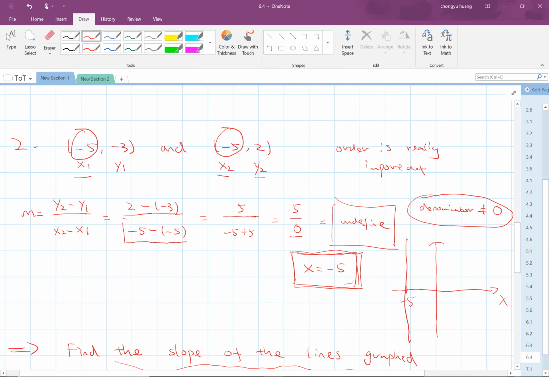So that means the bottom part over here is x2 minus x1, so the denominator will always be 0, because x is the same all the time. No matter which point you choose, the denominator will always be 0, and therefore for those 2 points the slope is undefined.